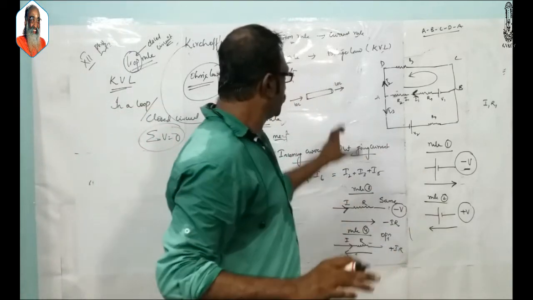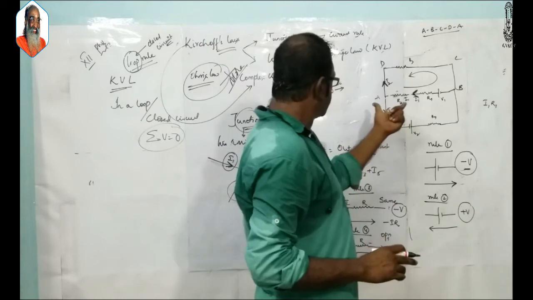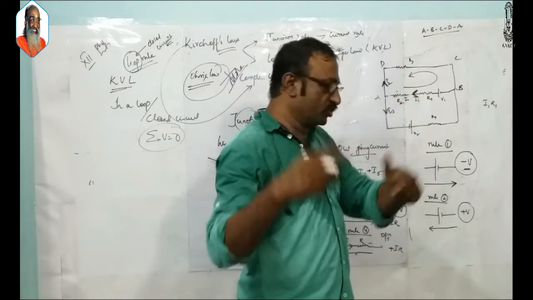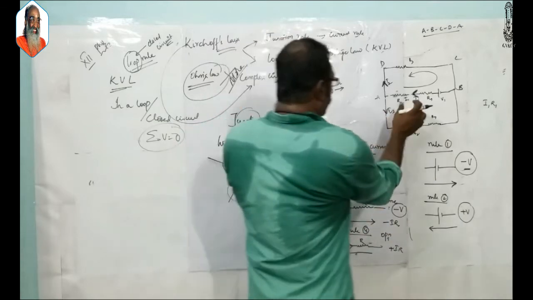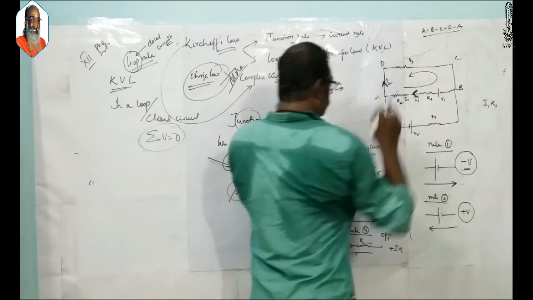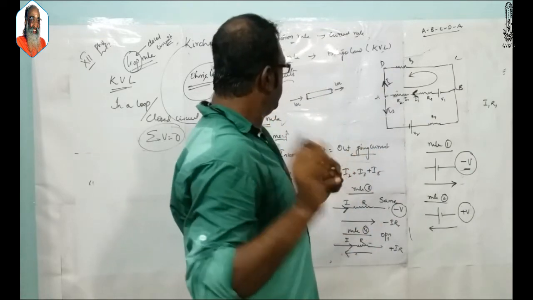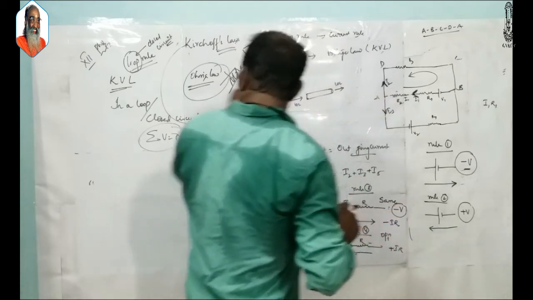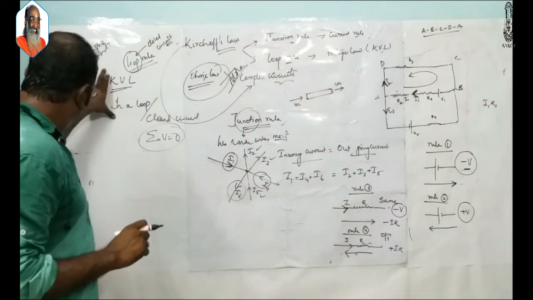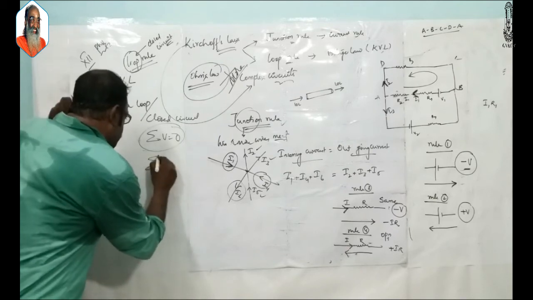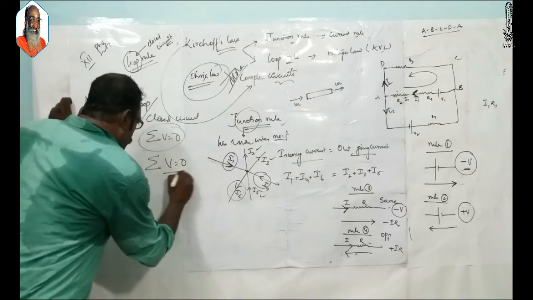Look at this now, I am considering loop A, B, C, D, A. According to what we understood at the start, sigma V is 0. That means the algebraic sum of the potentials in the circuit should be 0. Right.